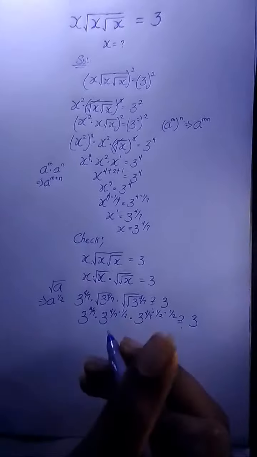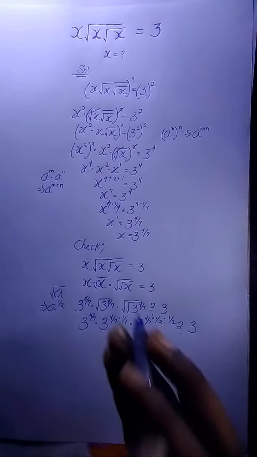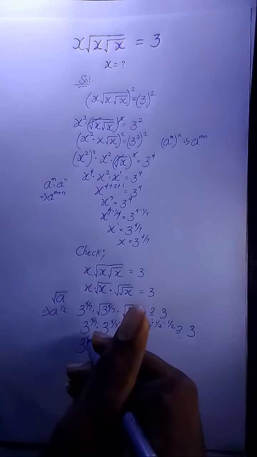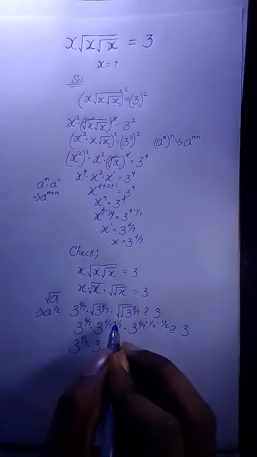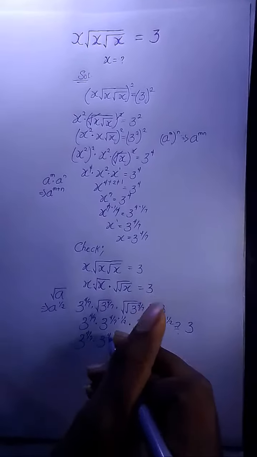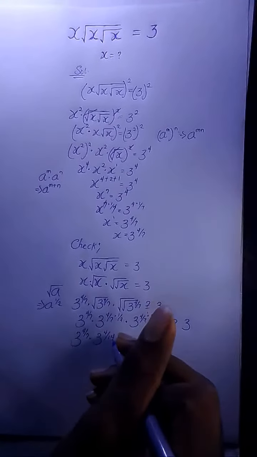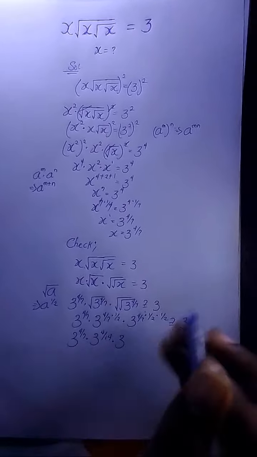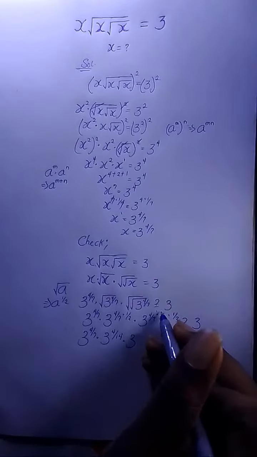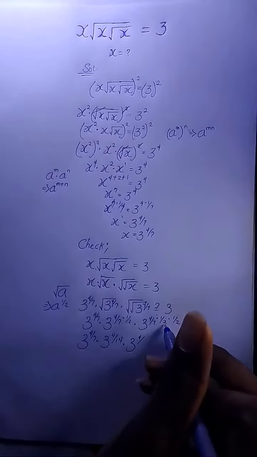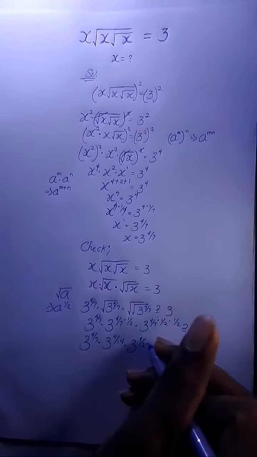So from here, we have 3 raised to the power of 4 over 7 multiplied by 3 raised to the power of 4 times 1 over 7 times 2, which is 4 over 14, multiplied by 3 raised to the power of 4 times 1 times 1 over 7 times 2 times 2, which is 4 over 28.